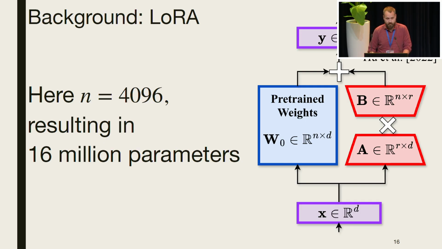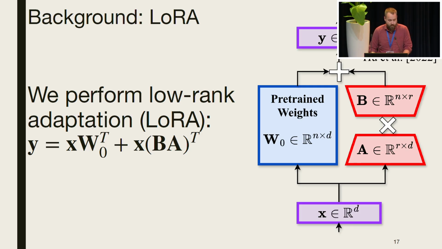So it's difficult to fine-tune them because we just can't fit all of the parameters and gradients into memory during training on hardware that most people have access to. So a common approach to make this tractable is to perform low-rank adaptation, also known as LoRA.